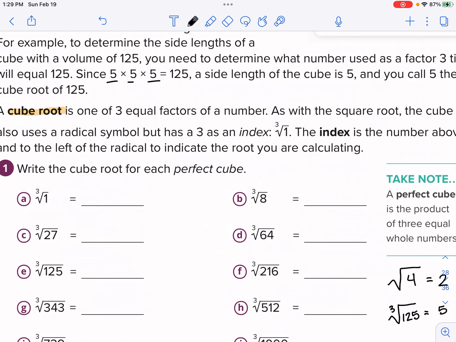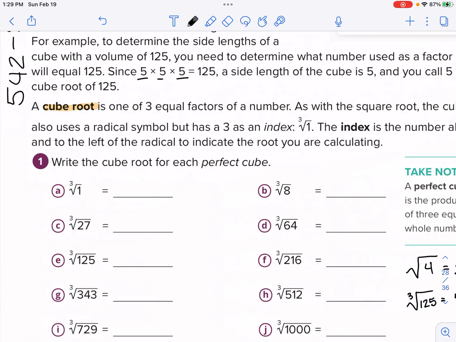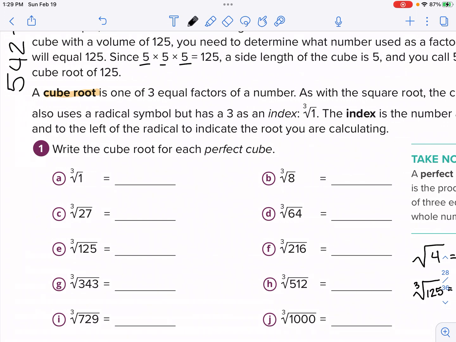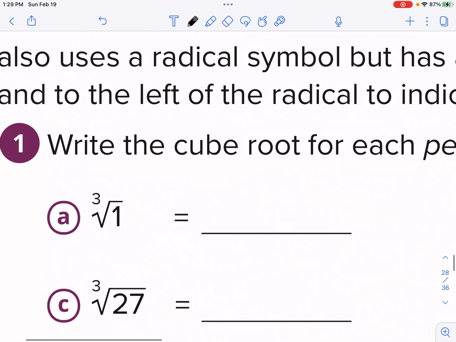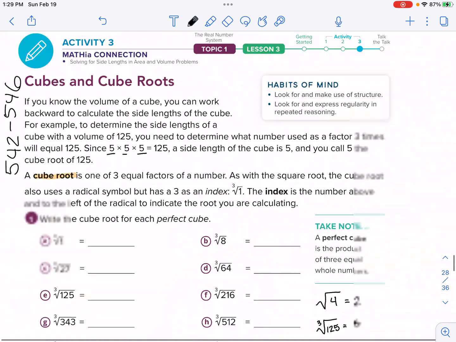If you're using a calculator here, like if you Google calculator on your Chromebook, you're not going to be able to find an operator for cube roots. Typically, you would use a scientific calculator, but actually we've already done these. So number 1, it says write the cube root for each perfect cube. So A would read cube root of 1, B would read cube root of 8. And we've actually already done this.